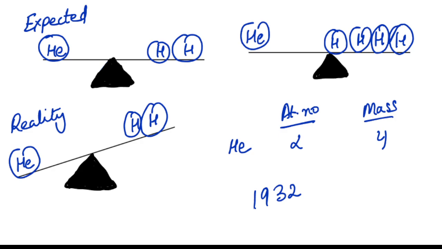And this is the reason that in the helium atom there are two protons, but if we add two neutrons to the helium atom, there will be a total mass of 4. So this concluded the discovery of the neutron. I'm playing a very short video for your better explanation. Please do watch this video.